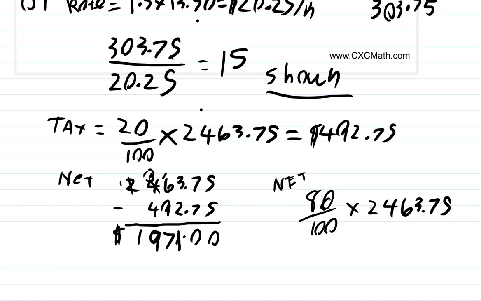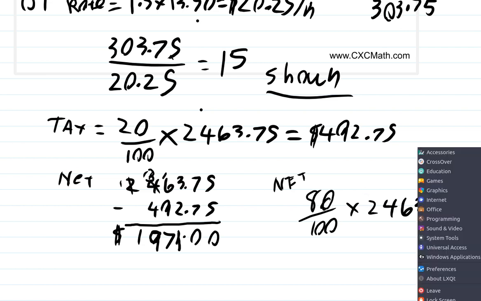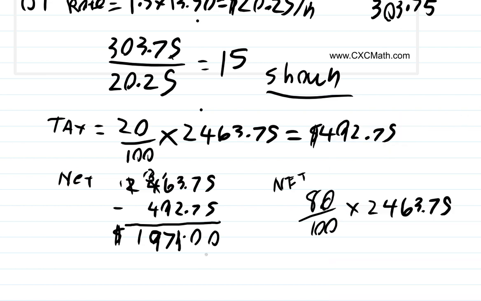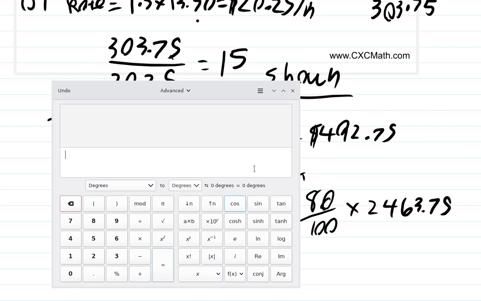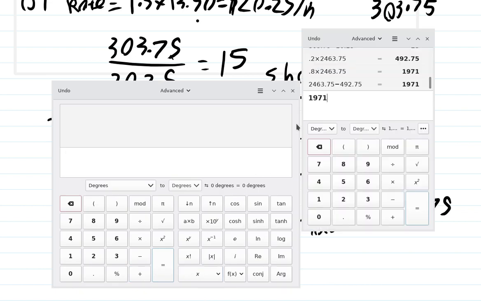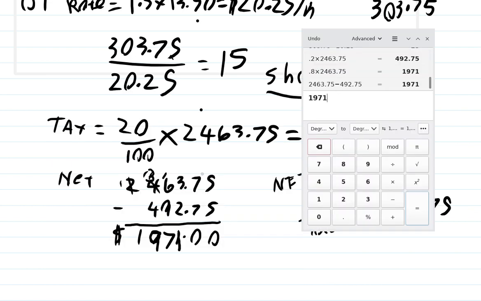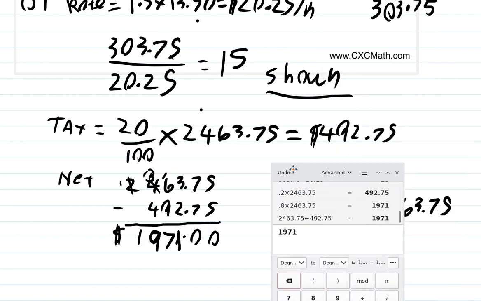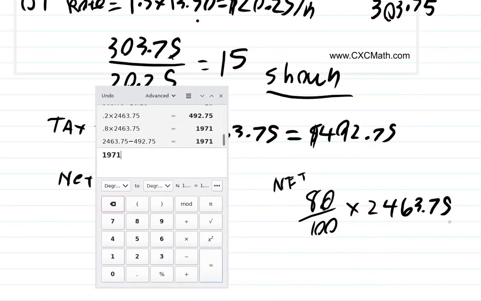Alright, so as I said here, you could do it by calculating 80% of the 2,463 by saying 0.8 times 2,463.75, right?